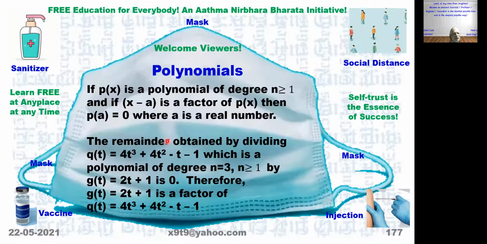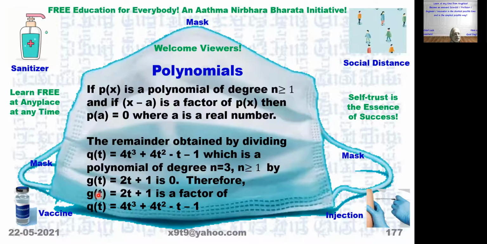The remainder obtained by dividing q(t) = 4t³ + 4t² − t − 1, which is a polynomial of degree n equal to 3, by g(t), which is the linear divisor 2t + 1, is 0.